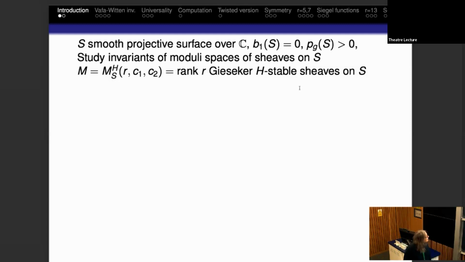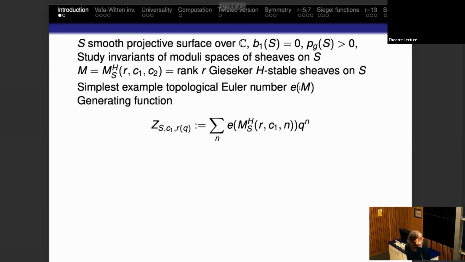So we have here this moduli space M. And the simplest invariant one could consider is the Euler number. So we could look at the generating function, which is just the sum of the Euler numbers counted with q to the n, where n is the second Chern class when we fix the first.